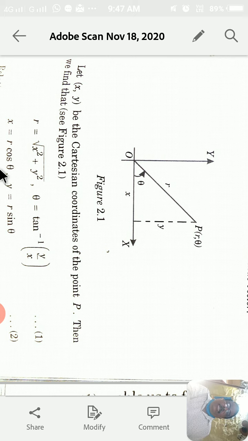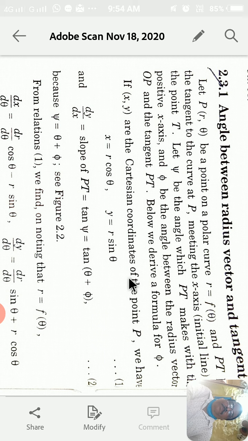And x is equal to r cos theta and y is equal to r sin theta are the equations used to transform from polar coordinates to Cartesian form. When polar coordinates are given and we want to convert into Cartesian form, we use these equations. Okay, so this is about polar coordinates.